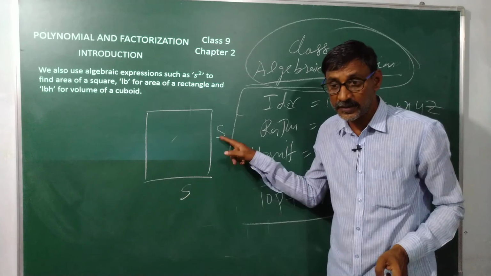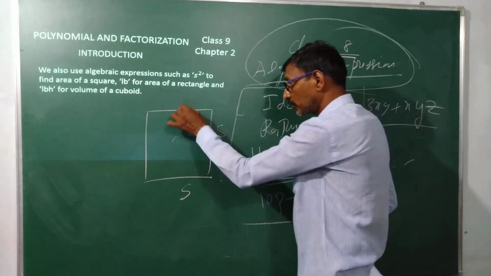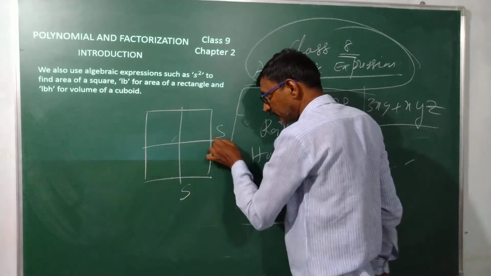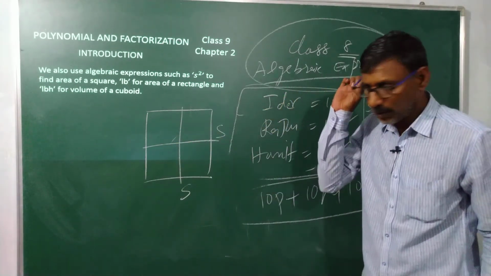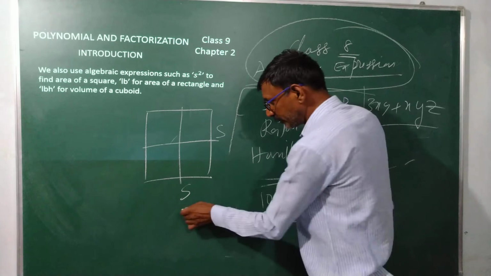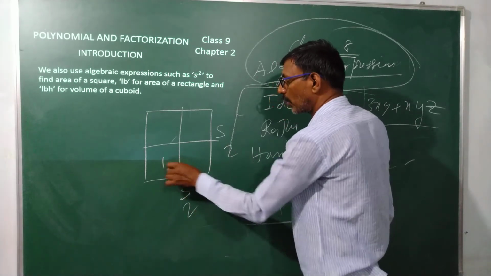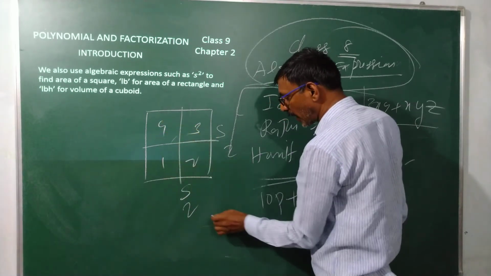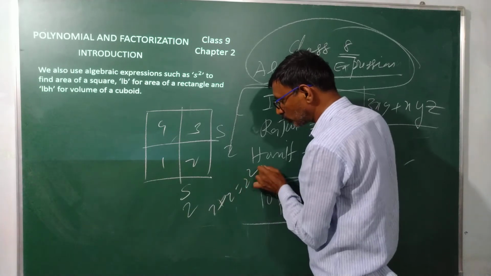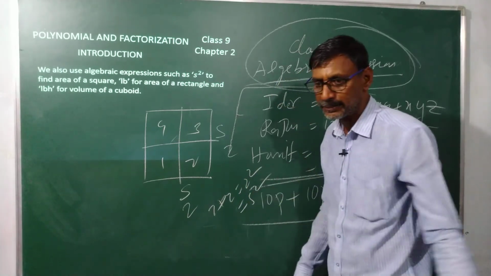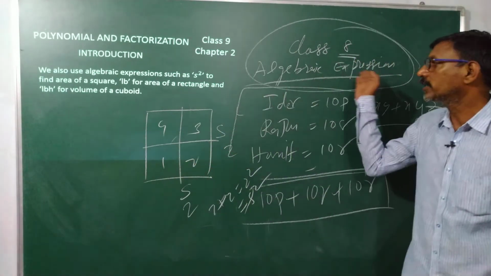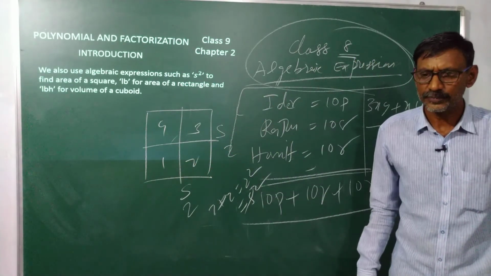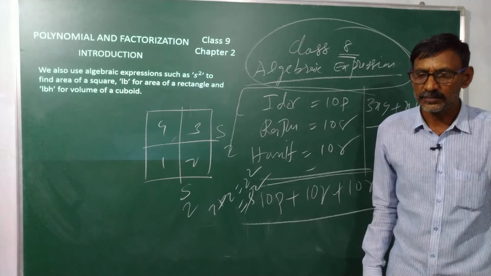Suppose this is 2 centimeters and this is 2 centimeters. Then how many squares are there? 4 squares are there. See, 2 twos are 1, 2, 3, 4 squares. 2 twos are 2 times 2, that is equal to 2 square. This is also called s square. We can express the area of a square in terms of an algebraic expression, that is s square. Am I clear?